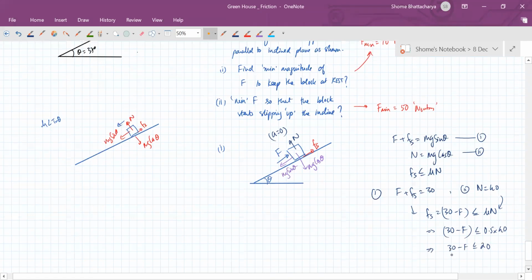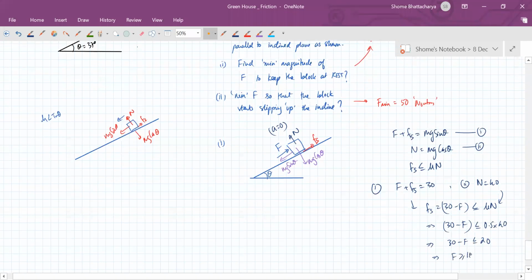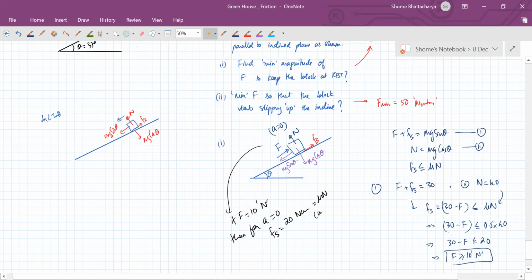So that's why I said that F should be greater than equal to 10 newtons. Okay. So what that tells me is that in this situation, if I put F equal to 10 newtons, then for acceleration to be 0, the friction needed is exactly 20 newtons, which is equal to mu n. So this is the maximum friction available.